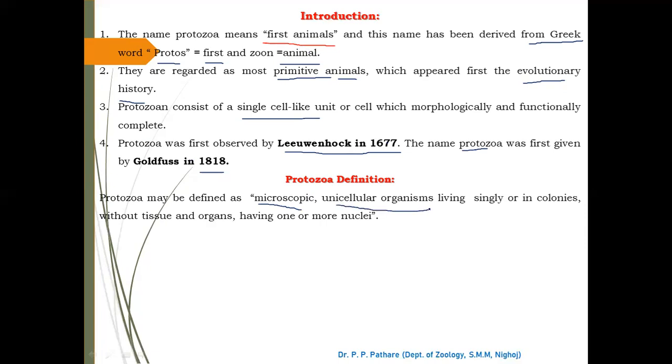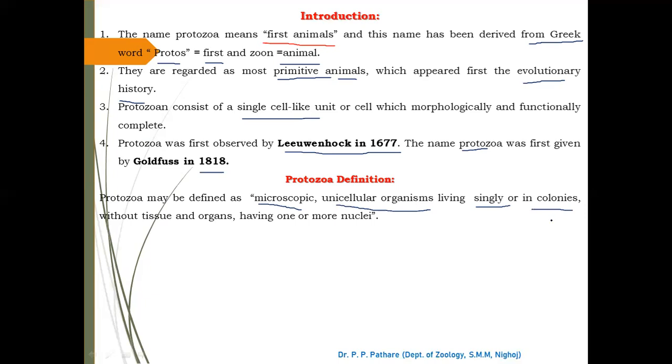These protozoans are generally unicellular organisms living singly or colonially. Singly is called solitary habit. Some groups of protozoans make a colony.